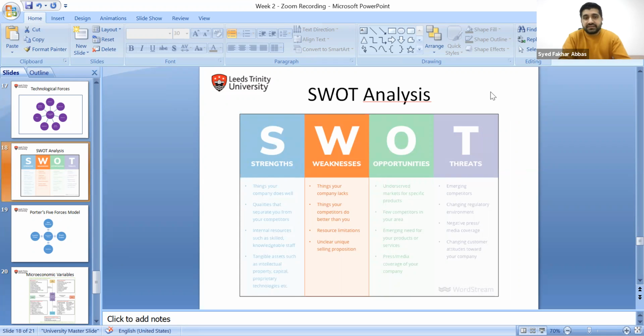SWOT analysis is very important for the business environment when we are opening a new business or when we are running a current business. So we have to keep SWOT analysis in mind. SWOT analysis means S for strengths, W for weaknesses, O for opportunities, and T for threats.